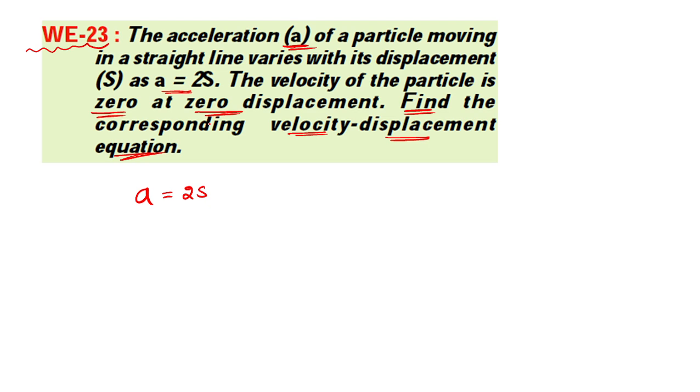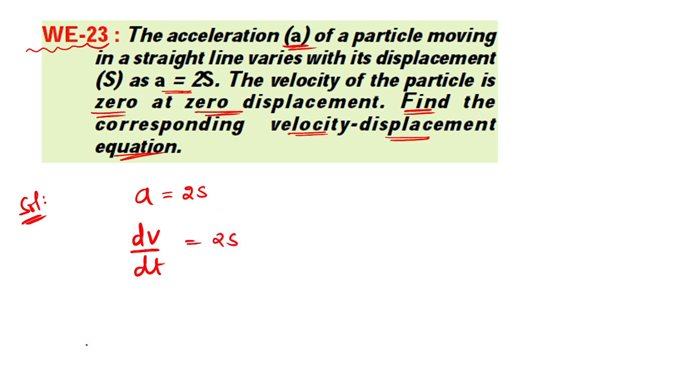Now you need to convert it. Whatever derivation we do, we'll try to do the same sort of thing. The equation is acceleration is equal to 2s. Acceleration means change in velocity by change in time, which is equal to 2s. Yes or no?